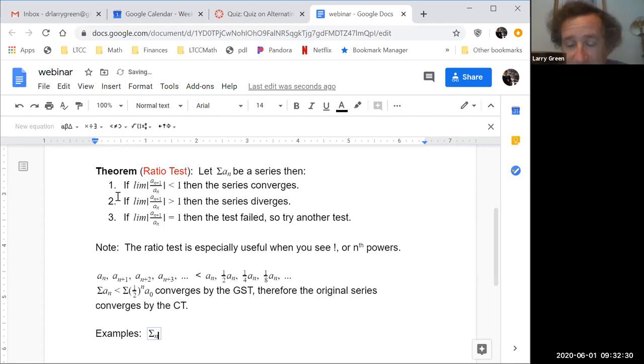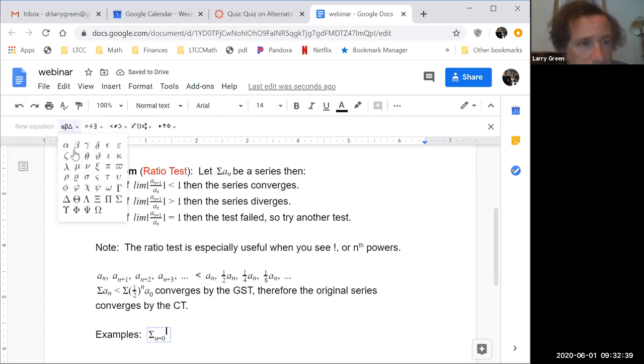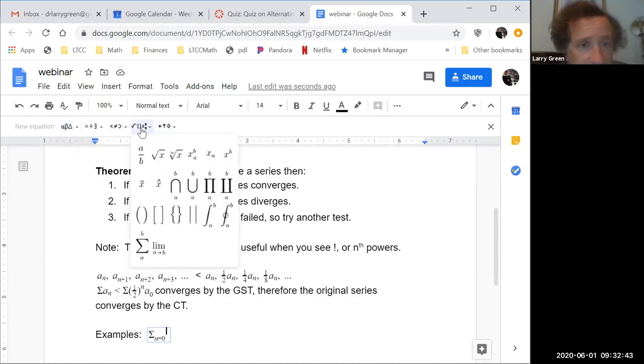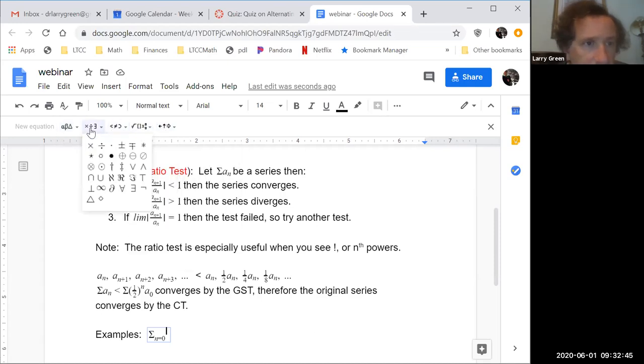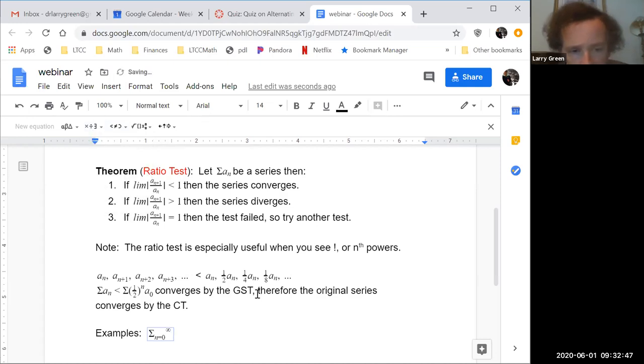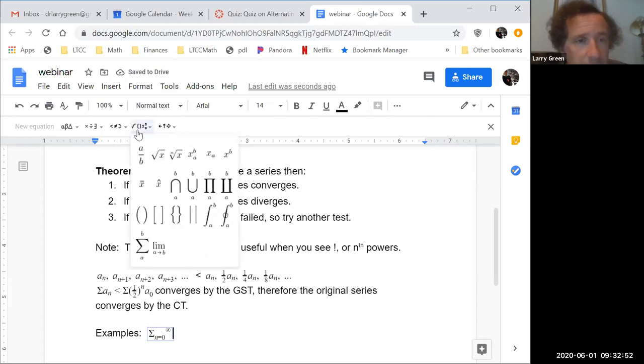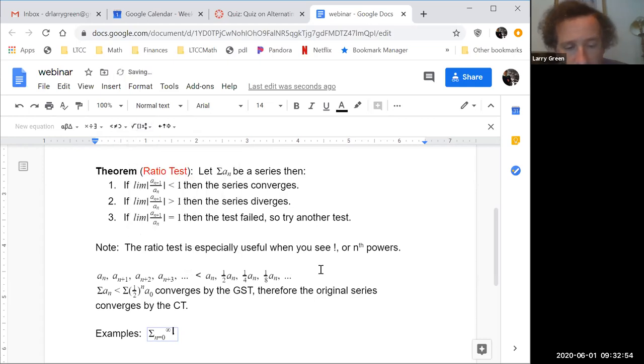So n equals 0 to infinity of, how about 3 to the n over n factorial.